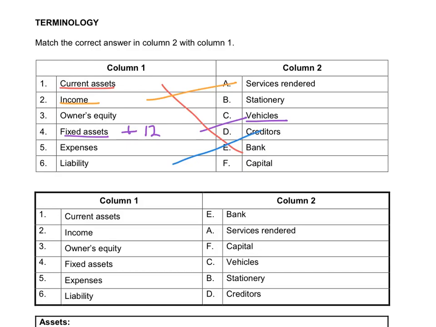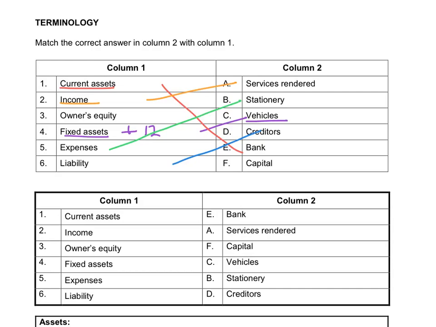Expenses are things that we pay out, and after we paid it, we can never get the money back again. Expenses reduce our profits. So therefore, the expenses will be things that we pay like rent, stationery, salaries, water, electricity, etc.